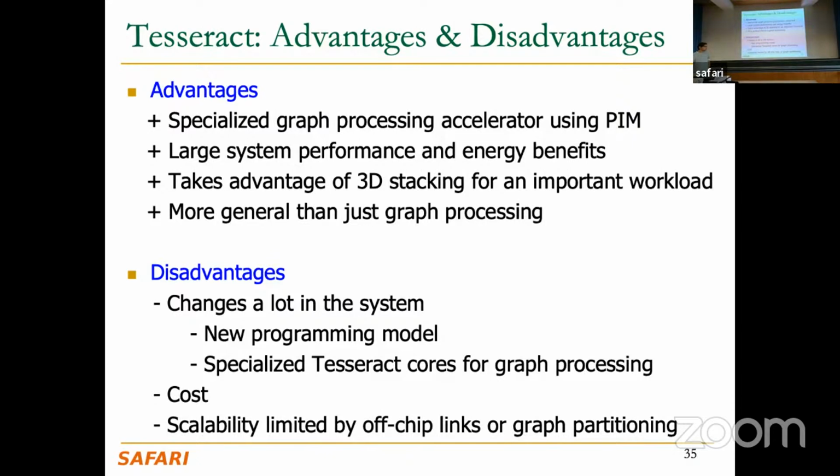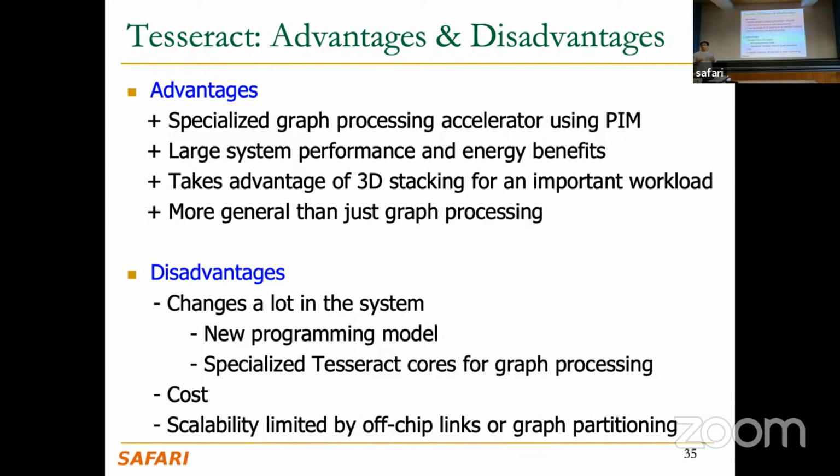Scalability might also be limited by off-chip links or graph partitioning. I didn't point out that potential problem when talking about the system itself, but in the end, we have different cubes. These different cubes are connected in some way, right? There is a network, a 2D mesh, as you may have seen, and these links provide some bandwidth, but not as much bandwidth as the internal bandwidth of the cubes. So in the end, we have a bottleneck there.